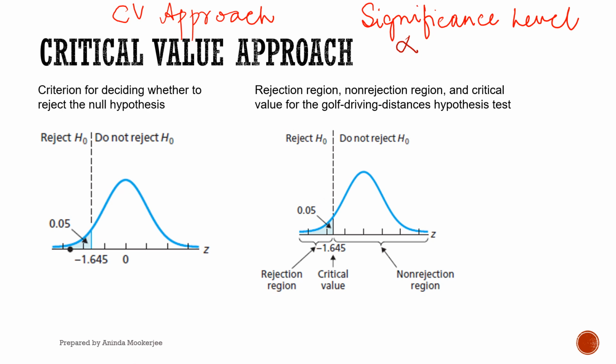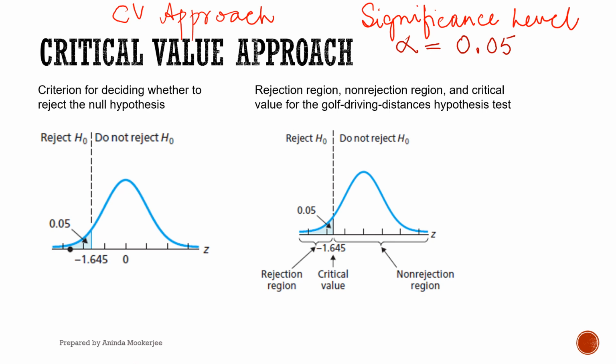So what is alpha? Alpha is an area under the curve, which is the probability of making a type 1 error. Now, since we try to keep alpha low when performing a hypothesis test, it usually takes a value of 0.05 or 0.01 or sometimes even values less than that. All right, so in this example, we'll see that they have used an alpha value of 0.05.